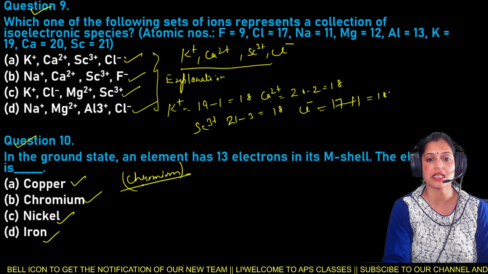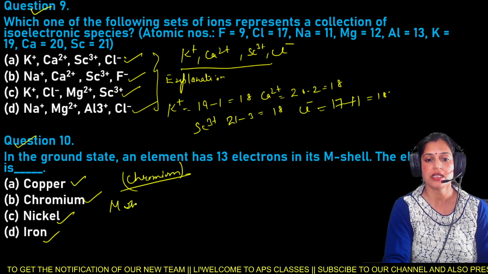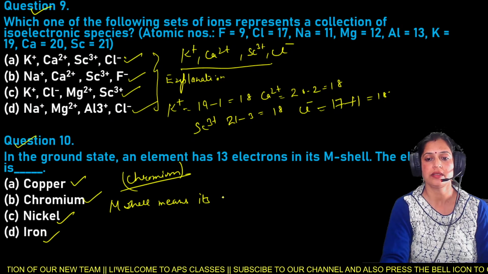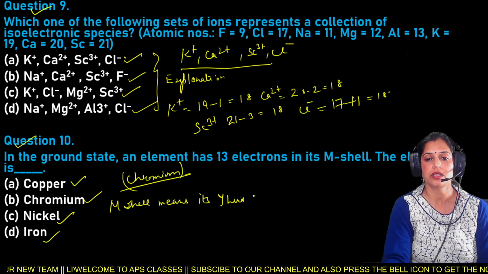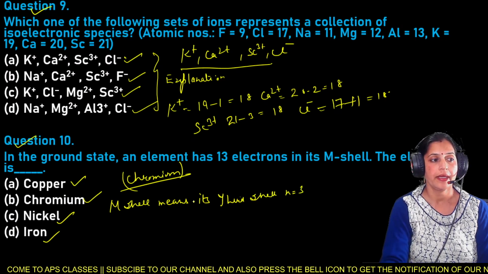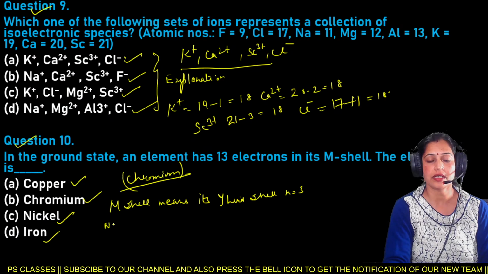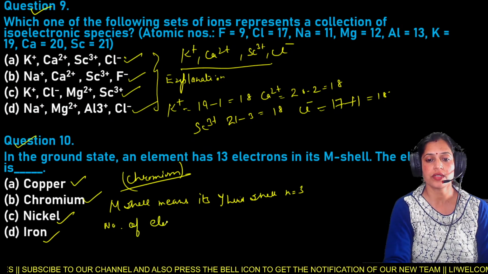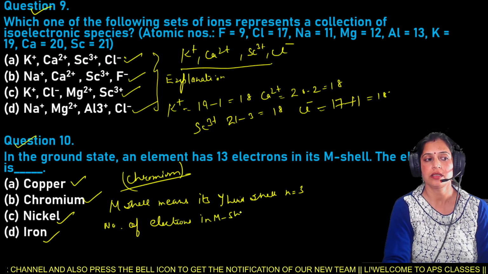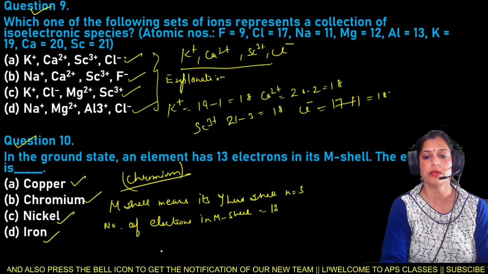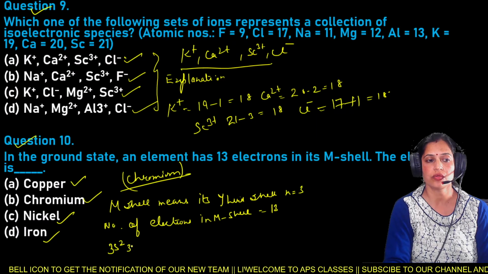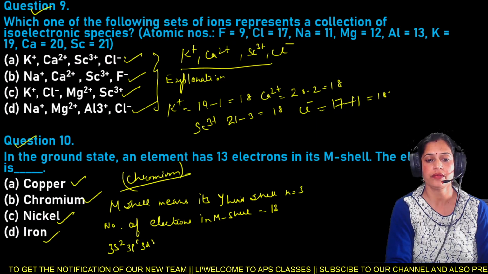M shell means its third shell, n is equal to 3. Number of electrons in the M shell is equal to 13, as the electronic configuration is 3s2, 3p6, 3d5.